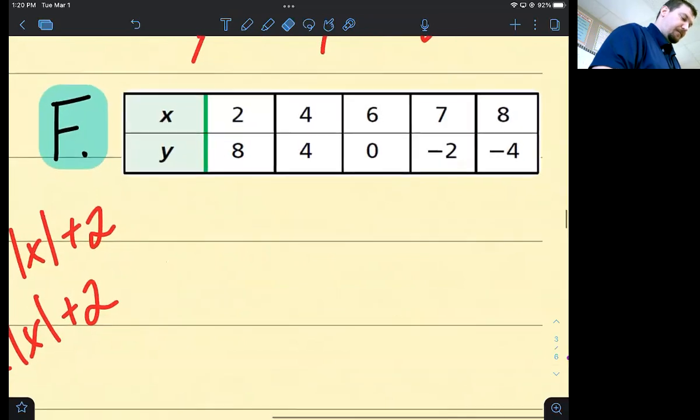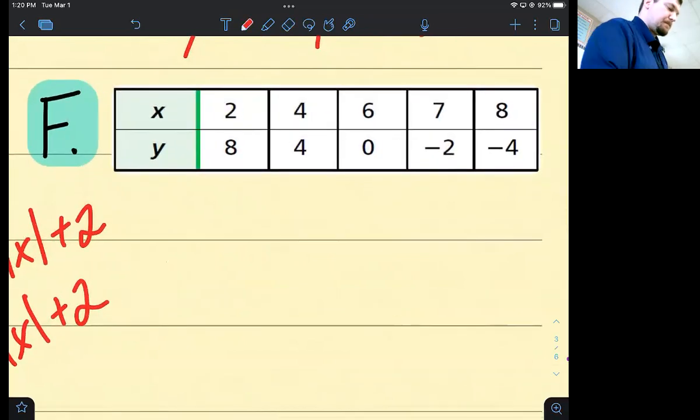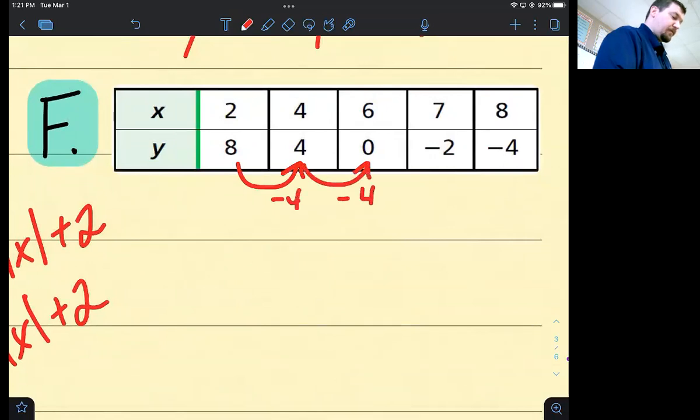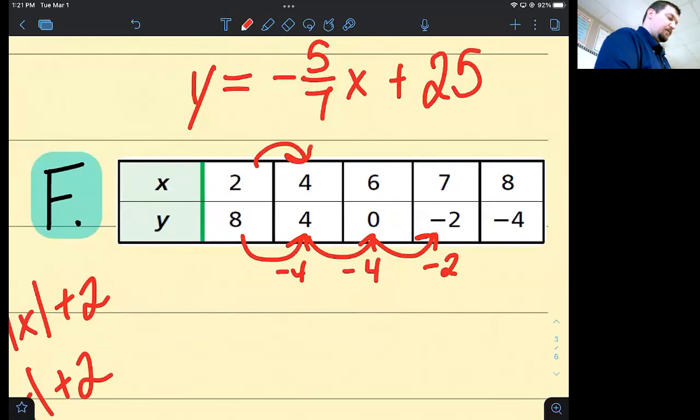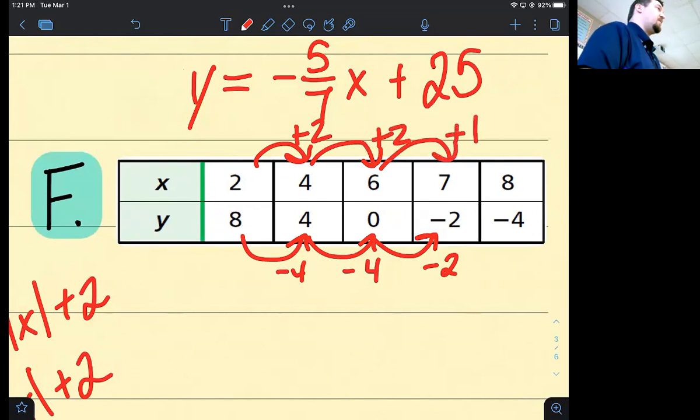Example F. Is the rise always the same, Jacoby? Oh, it's not. But before you guys jump to conclusions, look at the run. +2, +2, +1.